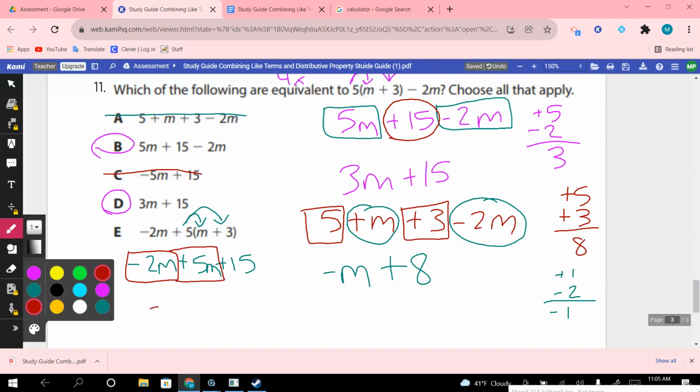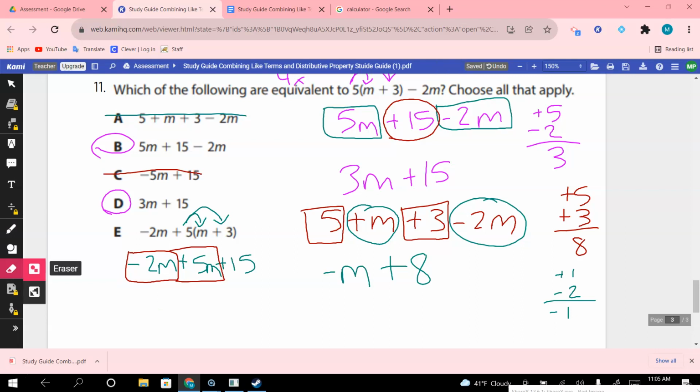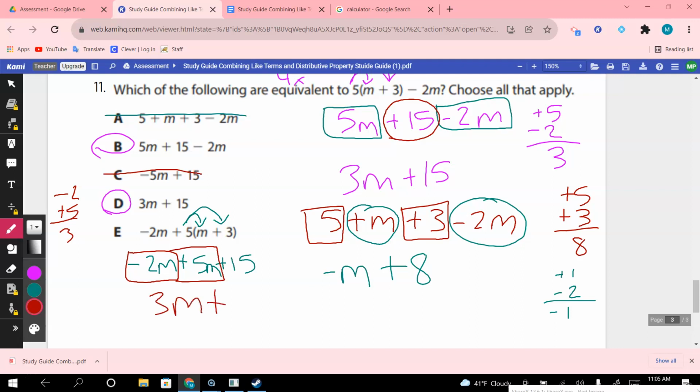It's going to make us subtract. So we have negative 2, positive 5, different signs, subtract, keep the sign of the greater absolute value. So this is 3m plus 15. And it was also just in a different order than this. So E was also a correct answer.